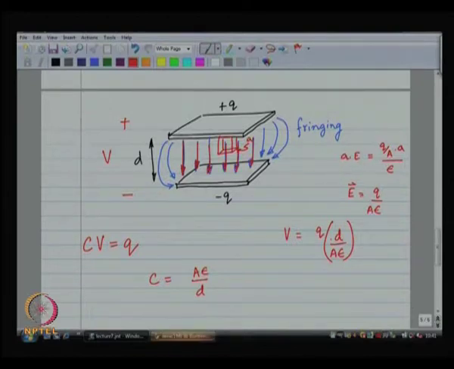They still have more or less the same strength. Some new field lines have come curving from one plate to the other. These are the new field lines, these were not there before.